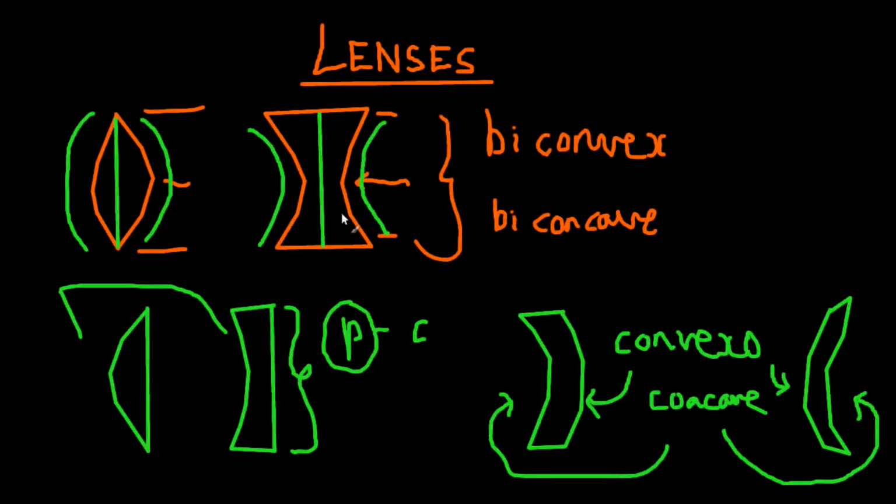Another important thing, convex is known as the converging lens. Why is that? That's because any rays that are incident on them, they all converge when they pass through it. We'll do much more of that later. We'll be doing many examples as well. Concave, meanwhile, is called the diverging lens.